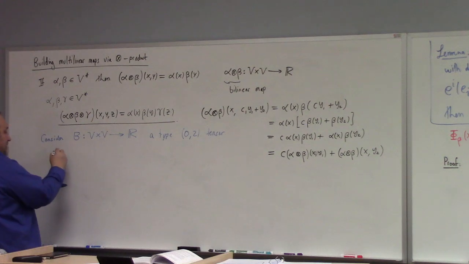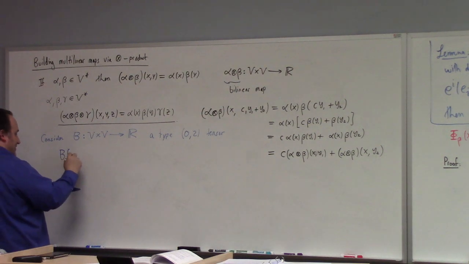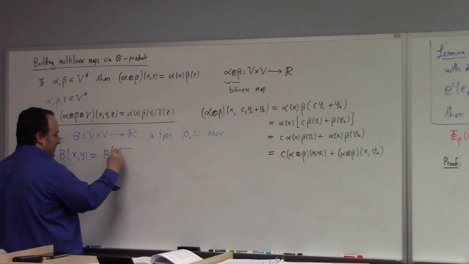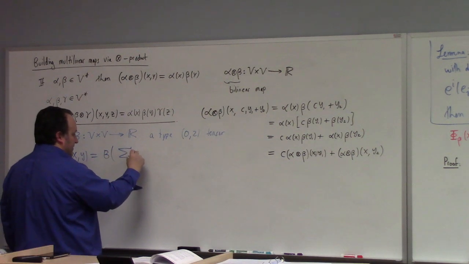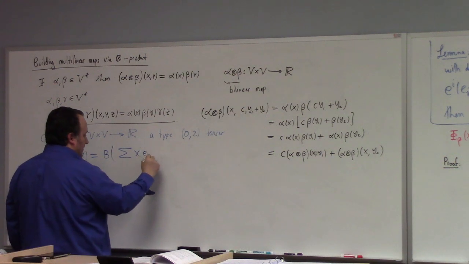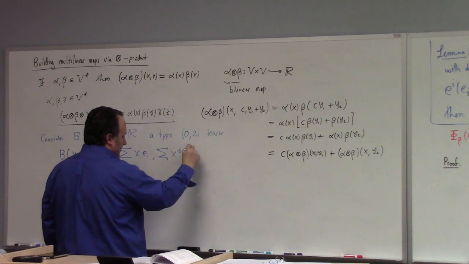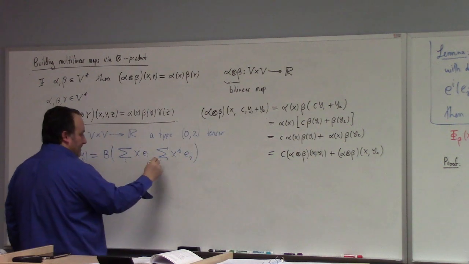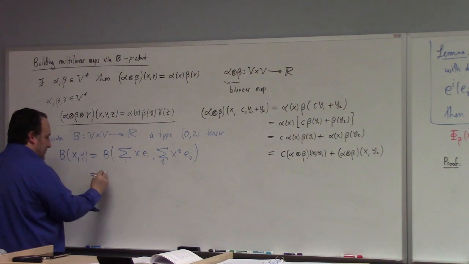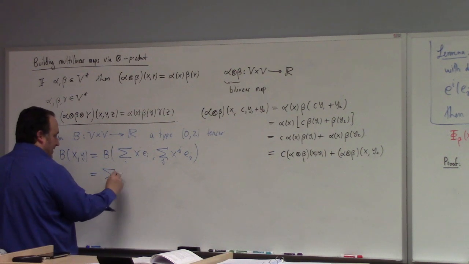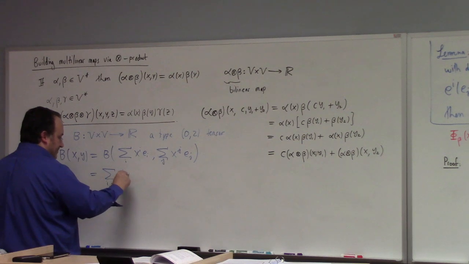So check it out. If we have B of x, y, it is B of the sum of x upper i, e lower i, and the sum of y upper j, e lower j, like so. By bilinearity, I can pull out the sums, and I can pull out the constants.